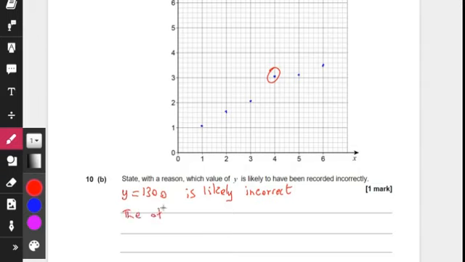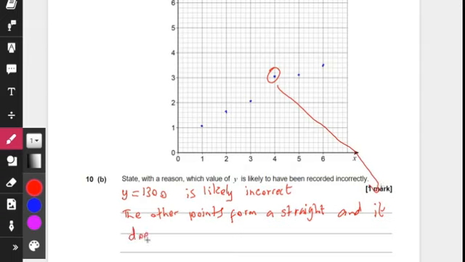The other points form a straight line, and by it, I mean that it doesn't fit the pattern. So again, just covering my bases there.